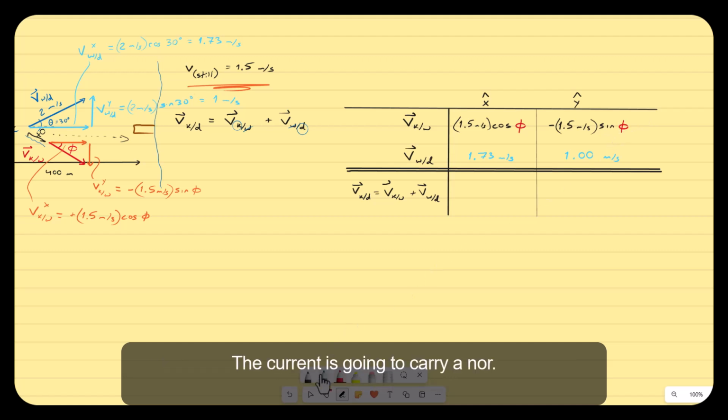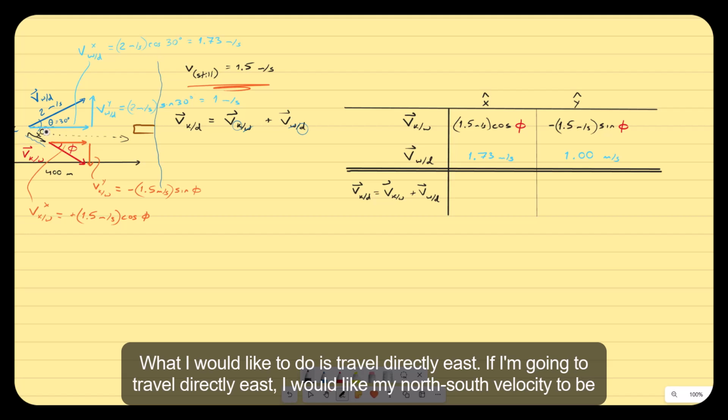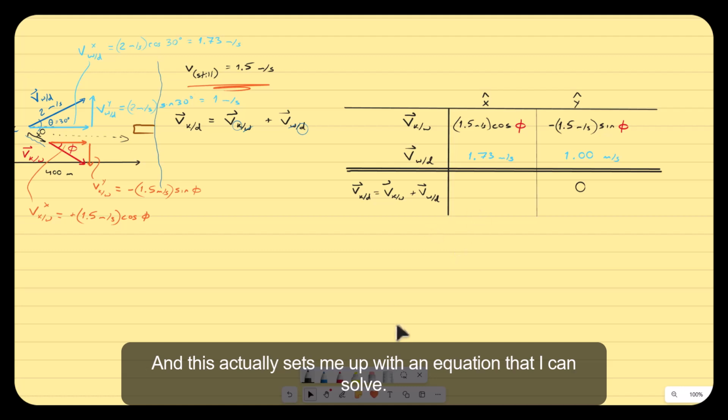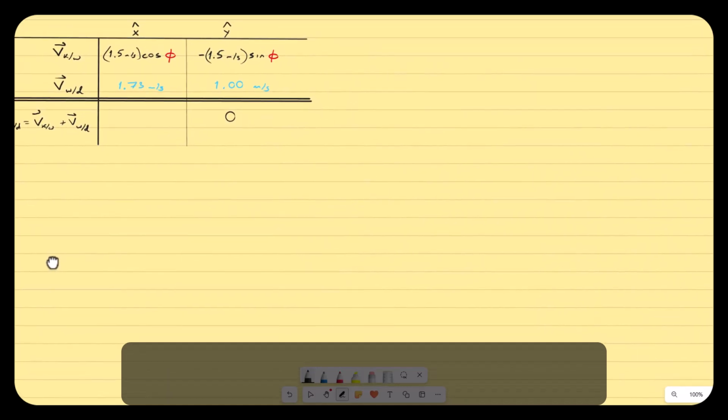If the current's going to carry me north, I need to steer to the south. What I would like to do is travel directly east. If I'm going to travel directly east, I would like my north-south velocity to be 0. And this actually sets me up with an equation that I can solve.